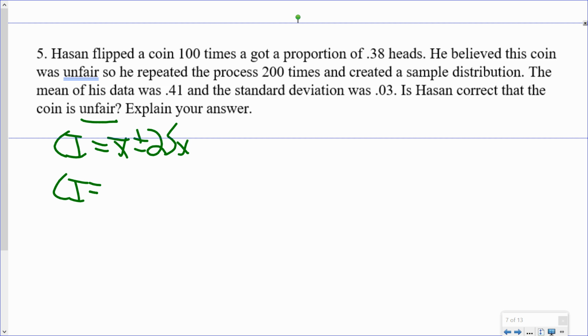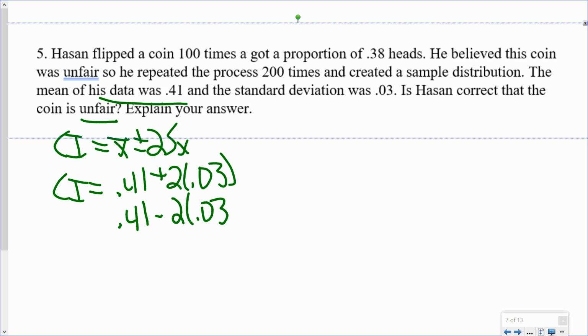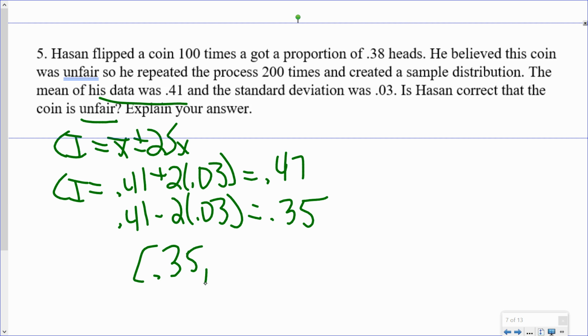The confidence interval is 0.41 plus 2 times 0.03 and 0.41 minus 2 times 0.03. You can use your calculator if you need to. I don't need to. That is 0.47 and that is 0.35. So the confidence interval is 0.35 to 0.47.